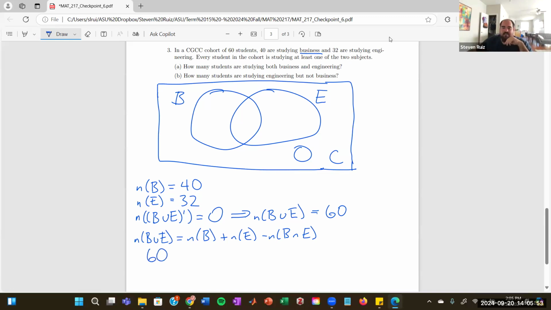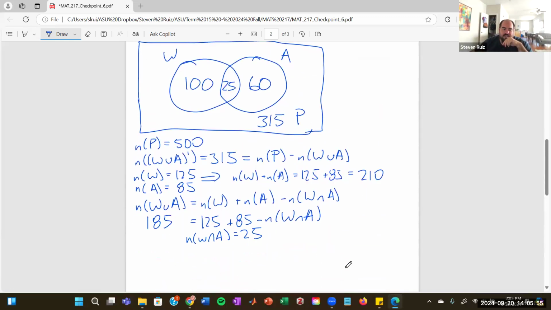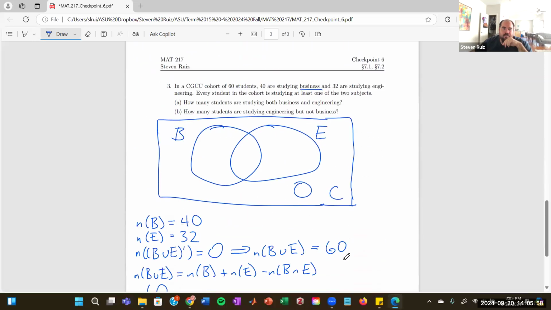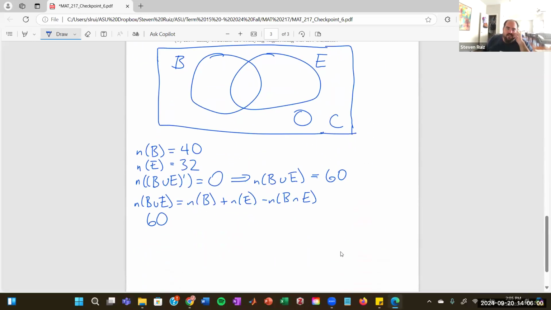The size of set B is 40, and the size of set E is 32. So what is 60 minus 72?